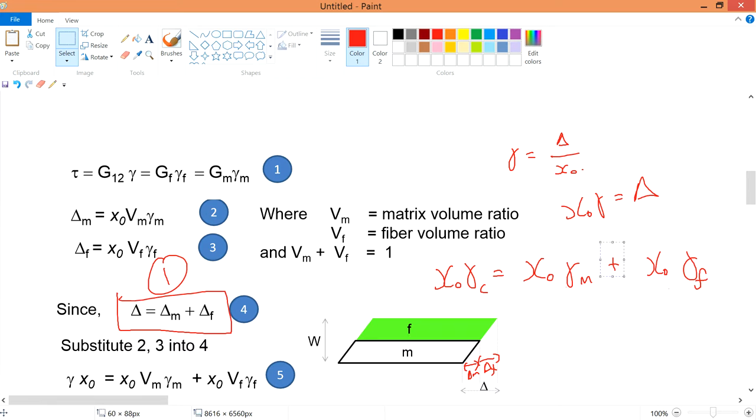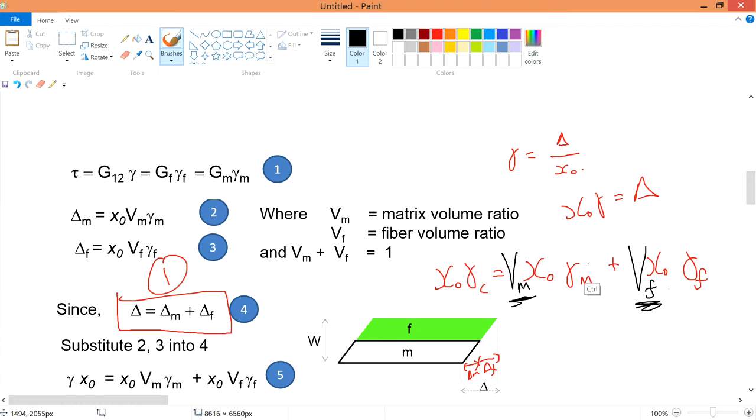So I'll have a volume ratio of the matrix, VM, and a volume ratio of the fiber, VF. This VM and this VF are not in meter cube or cm cube or whatever. They are just ratios, so this means that there is no unit at all.